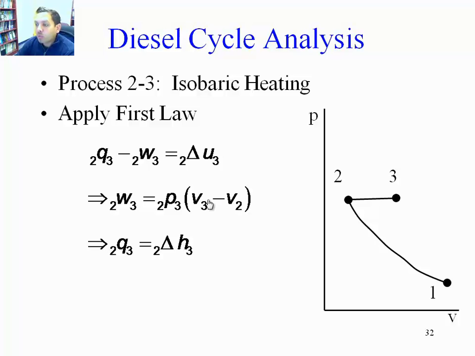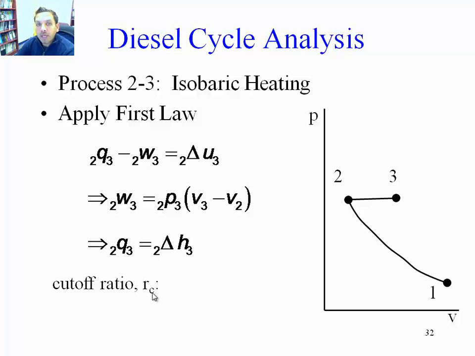And as we plug this back into the first law of thermo, we notice that when we add PV to delta U, we get delta H. So we can calculate Q from 2 to 3 as delta H, or simply work plus delta U. This is a result of adding PV to delta U. We get directly delta H. Now the relationship between the volumes from 3 to 2 is given by what's called the cutoff ratio.